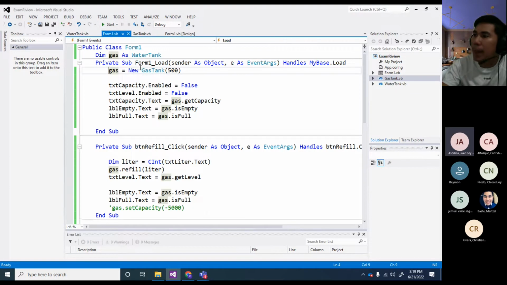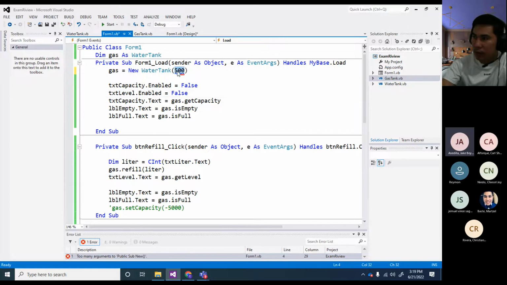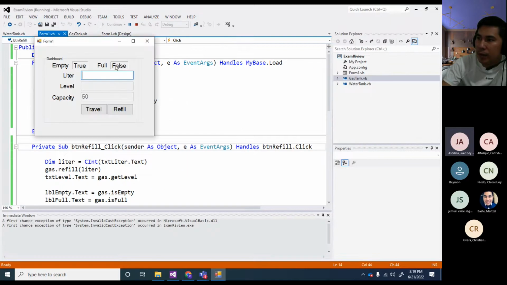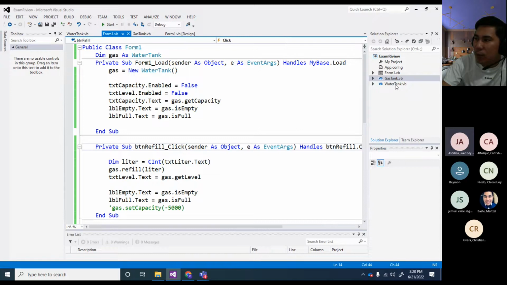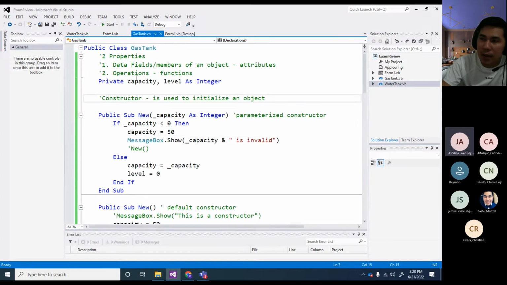Okay. Ayan. So, as you can see, the things you can do with inheritance: even though I didn't put anything for my water tank, I can still call it and everything still works fine in here.